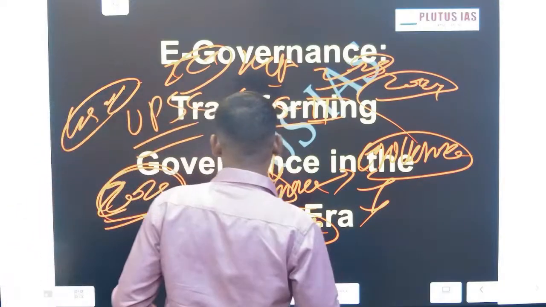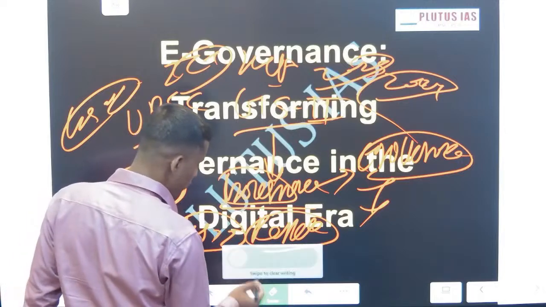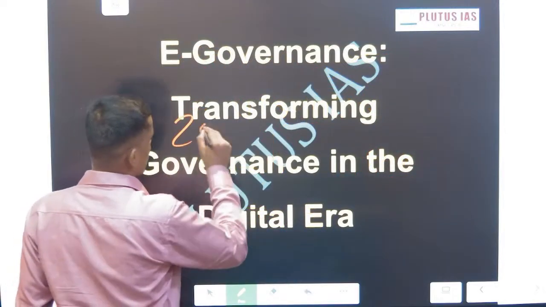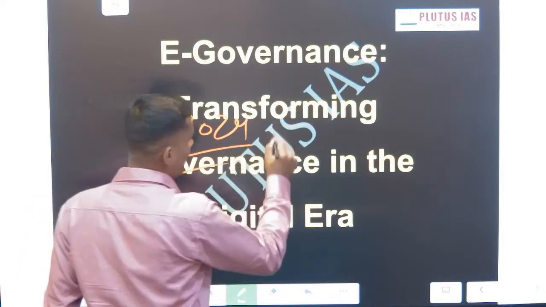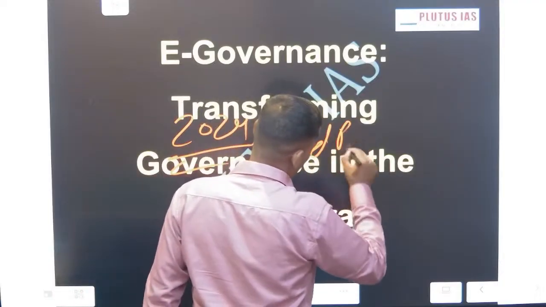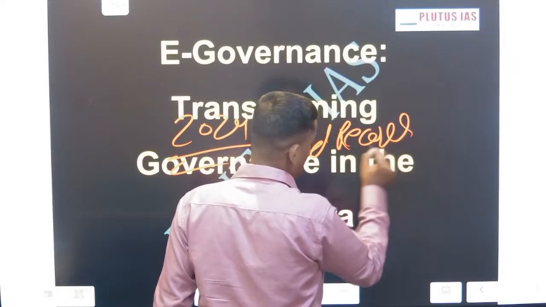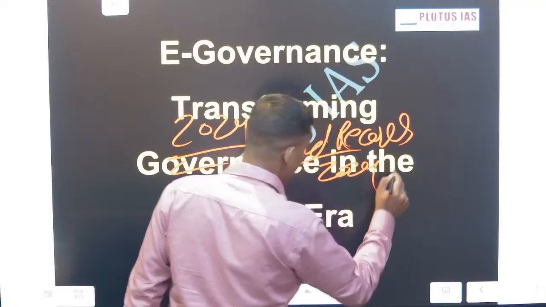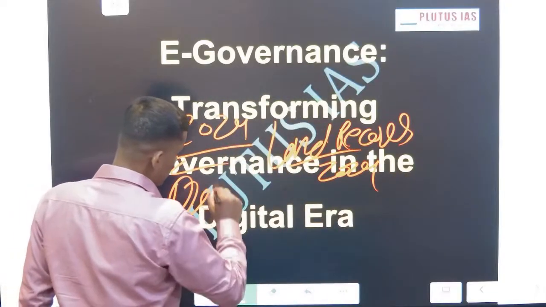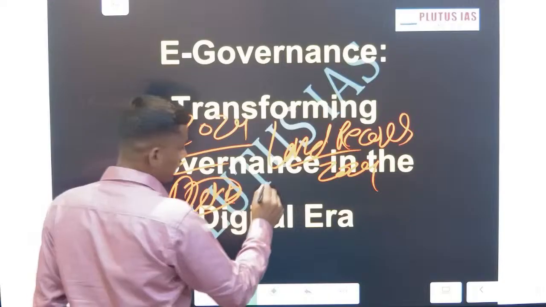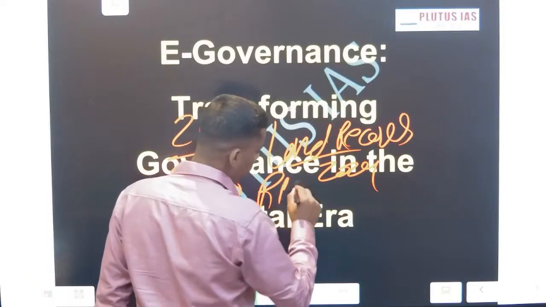If you see the 2024 prelims, there was one question on land records, the land record scheme. Similarly, there was Drone Didi, then Rashtriya Gokul Mission.